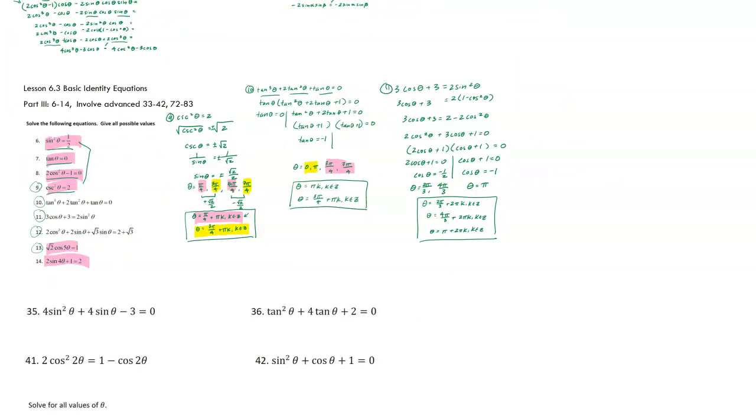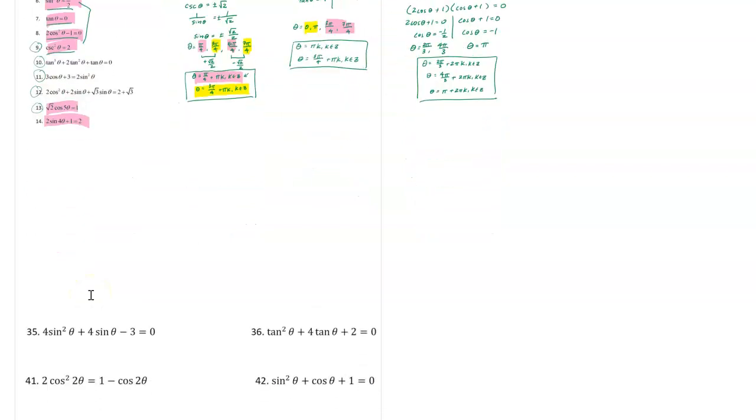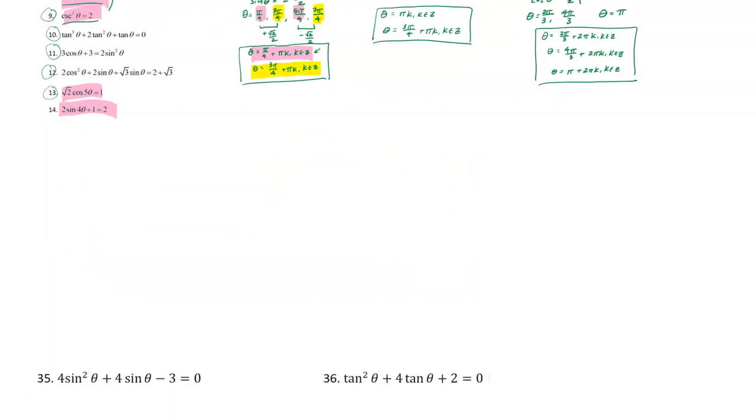Good job. Number 12. Let's go ahead and make some room for number 12 and 13. Okay. Number 12. I think there was a completing the square problem amongst these where you had to complete the square.